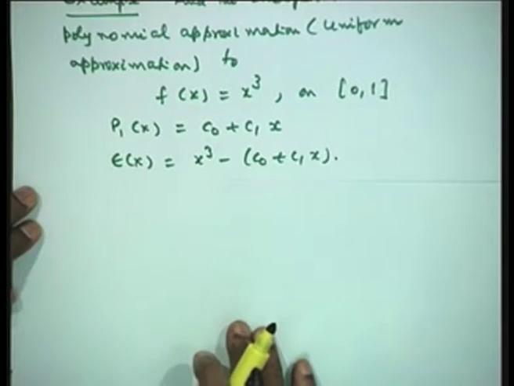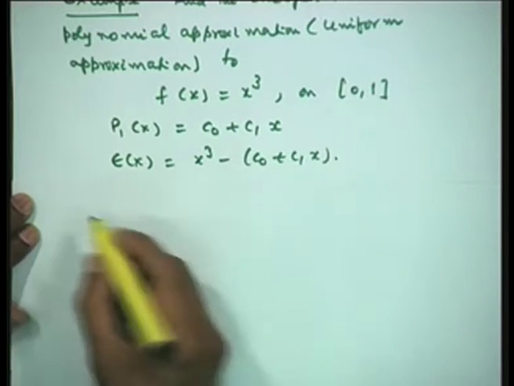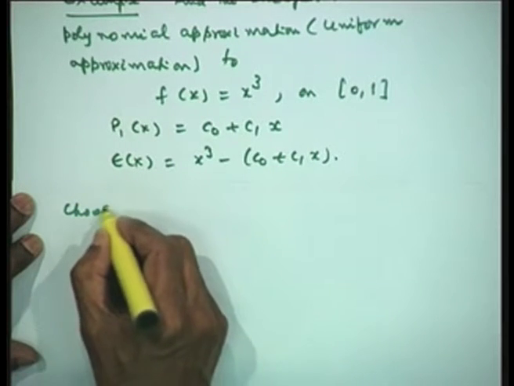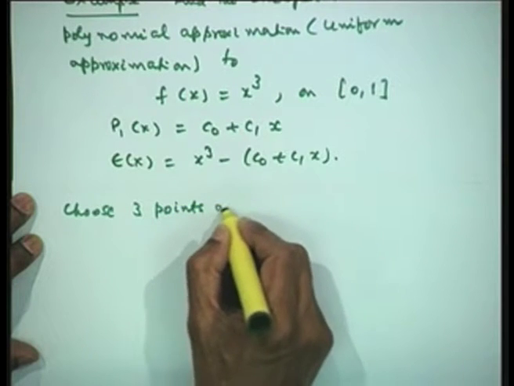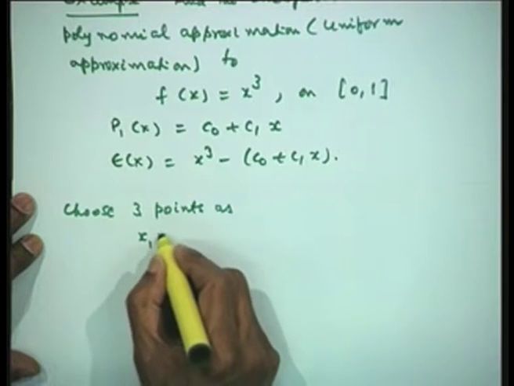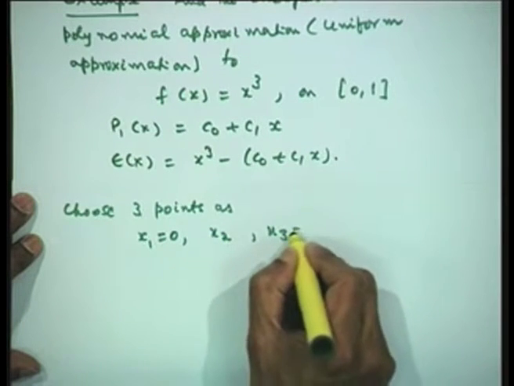Now, I need to choose 3 points in the interval 0 to 1, including the end points. So, I choose the 3 points as x 1 is equal to 0, x 2 is x 2, x 3 is equal to 1.